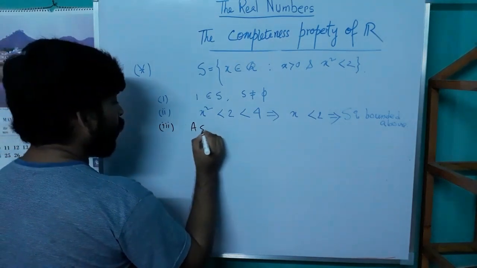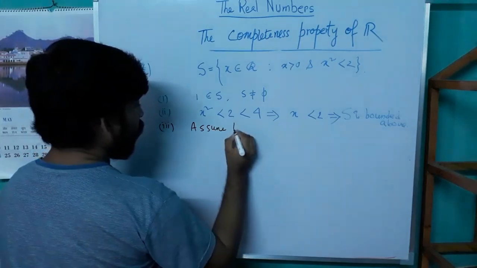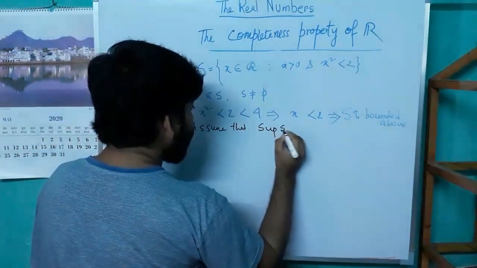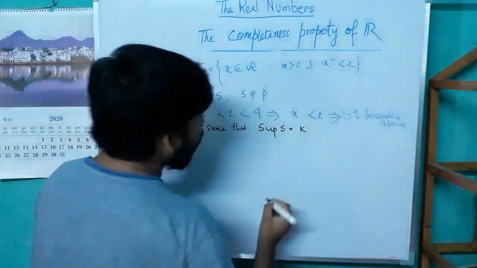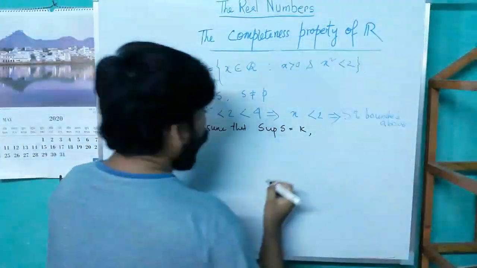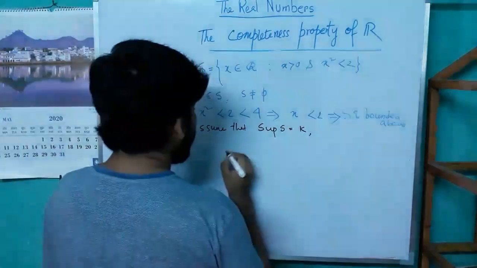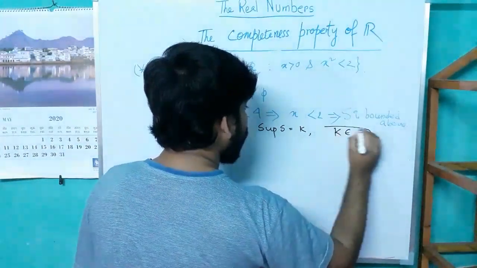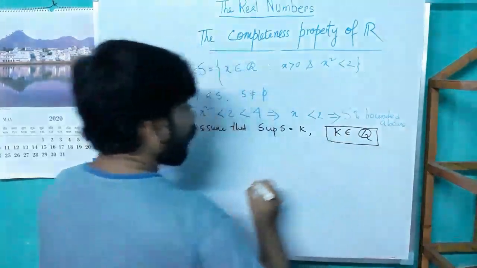So we assume that the supremum of S exists and it is K. We also assume that K belongs to Q.